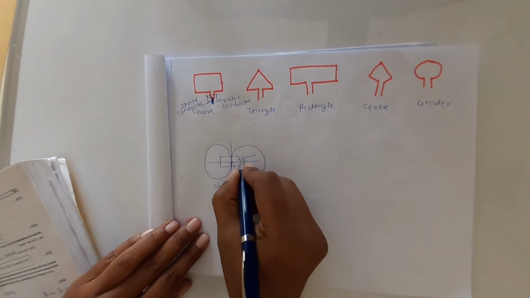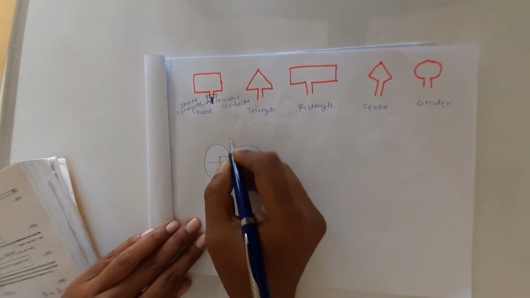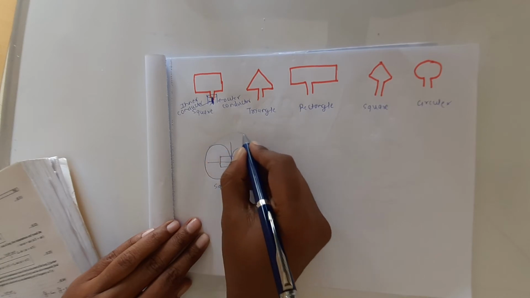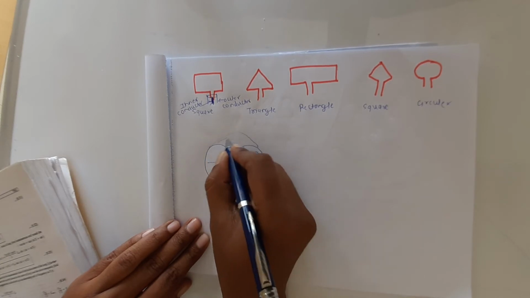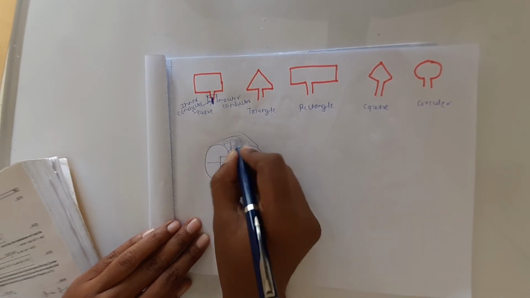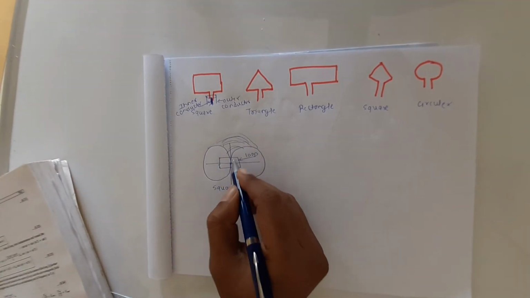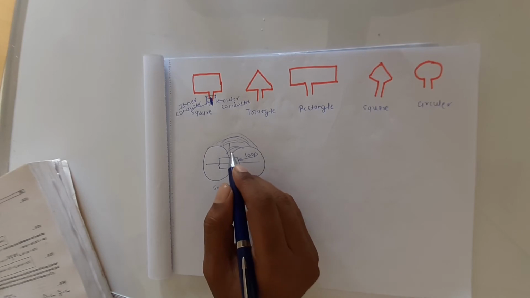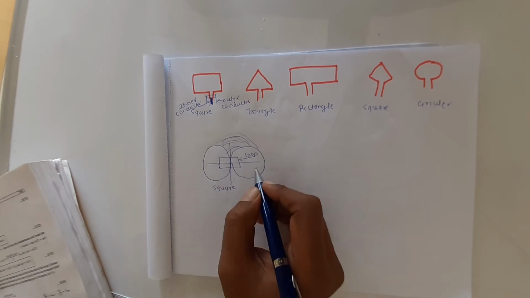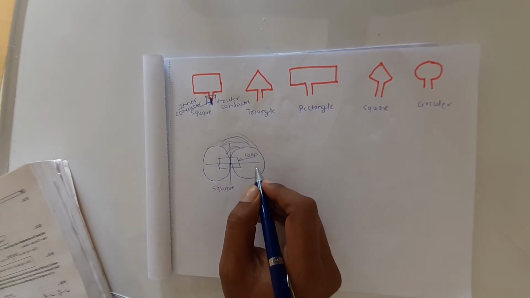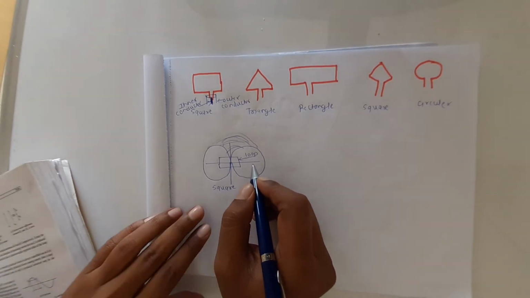This is a loop, it will look like this. It is bidirectional, a figure-of-eight structure.